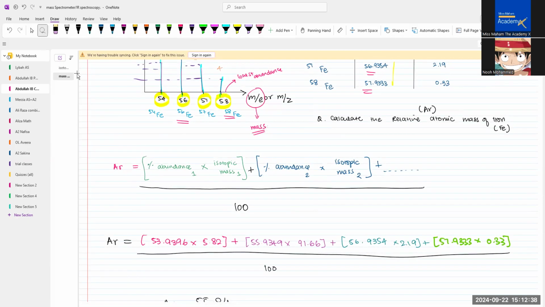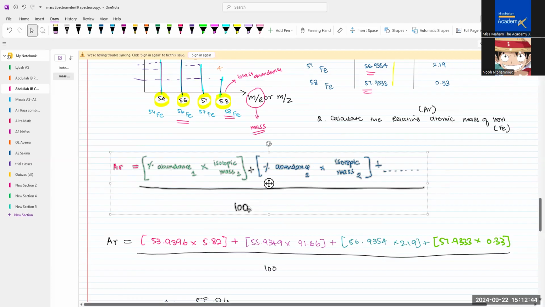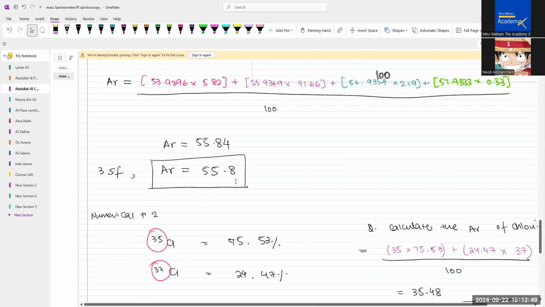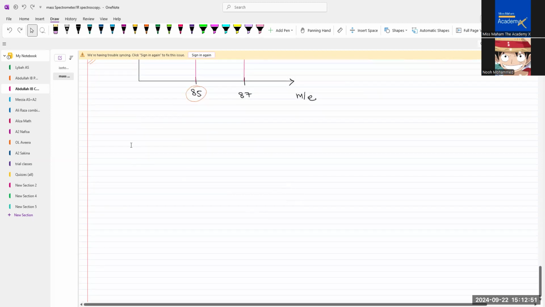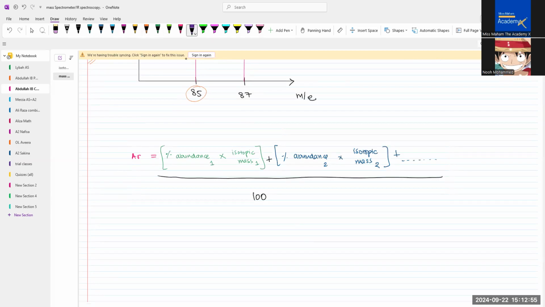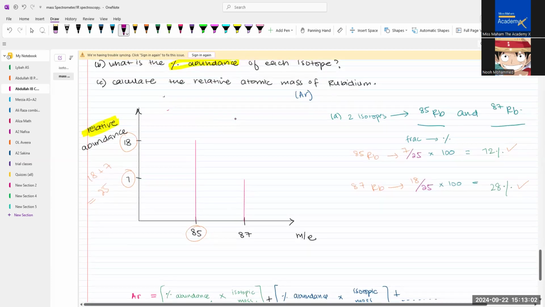We're going to copy this formula. So percentage abundance for 85 is 72.